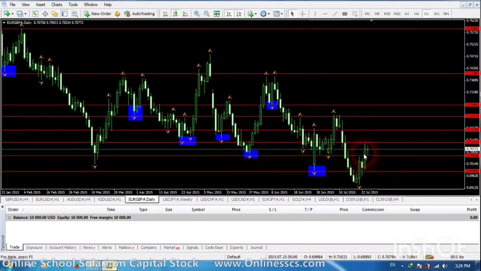So when the pivot is broken, I could have started buying again safely and continue it up until the next pivot. As you can see, it has reached the next pivot and it has caused a decline. So if this pivot is broken, it's going to continue its movement up until this area. After that, it's going to have another decline.